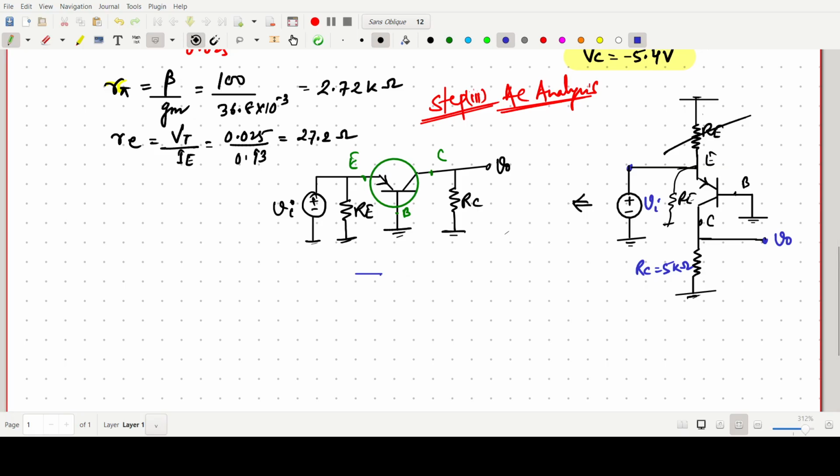This is the model we have to know for the common base configuration. For this transistor part we have made it like this. So this part is emitter, collector, and base. Here is the RE.